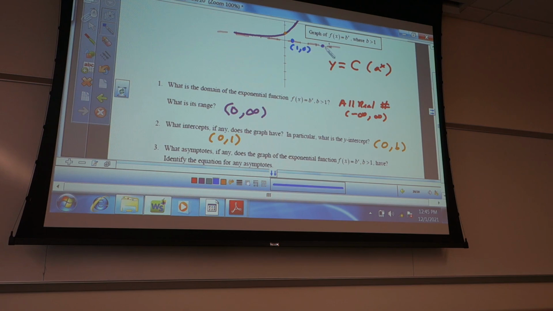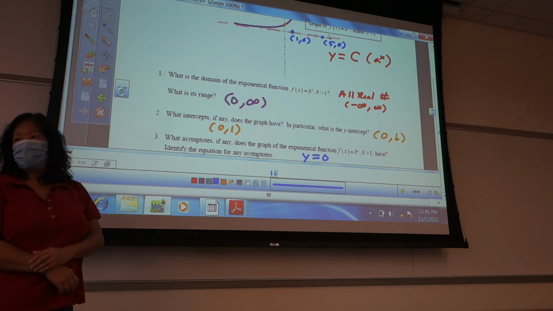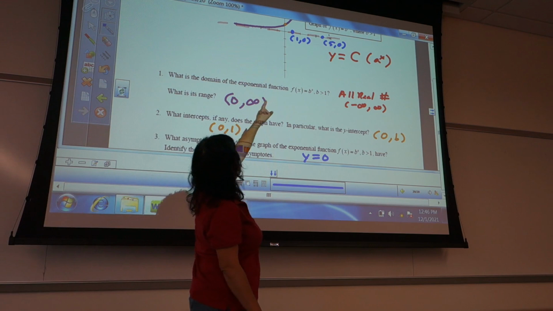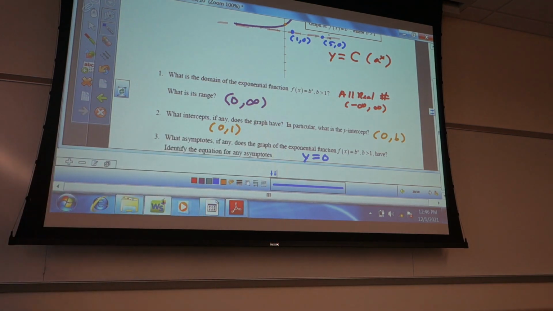What's this point here? (5, 0). So what stays at 0, x or y? Y. Does everyone understand that? So it's going to be y equals 0. If you're not sure, like I said, pick a couple points and figure out which one stays the same. The one that stays the same is y. What does y equal? 0. That's the easiest way of sorting that out.